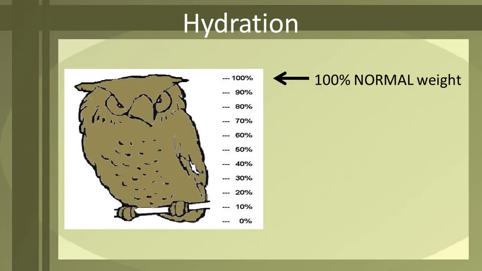As an animal loses hydration, its body weight drops in proportion at a rate of 1 gram per missing milliliter of fluid. An animal that has lost 15% of its body weight now weighs 85% of what he normally would. His normal weight would be 100%.